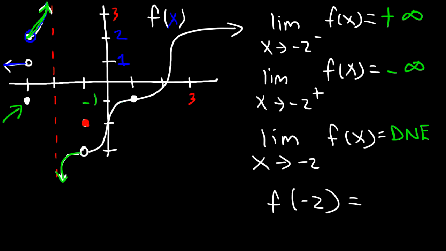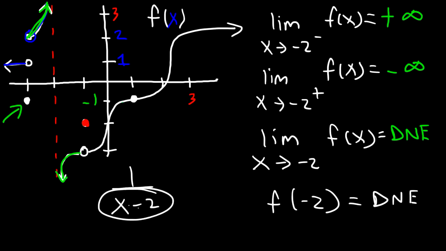Now, what about f of -2? There's no closed circle along that vertical line, so this value does not exist either. You could say it's undefined, because if you were to graph 1 over x minus 2, you're going to see a vertical asymptote at x equals 2.